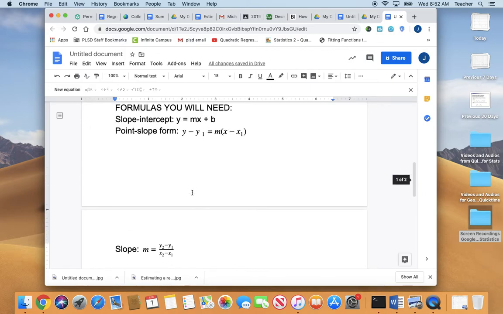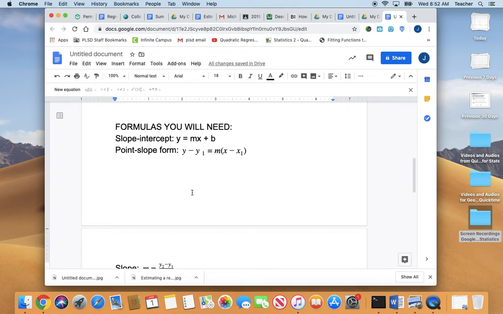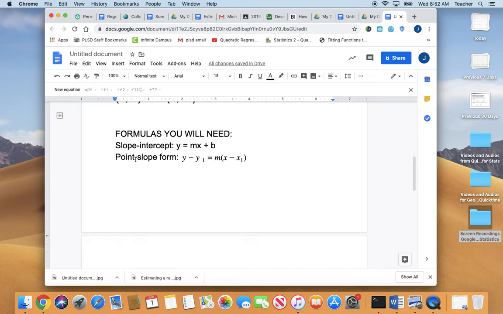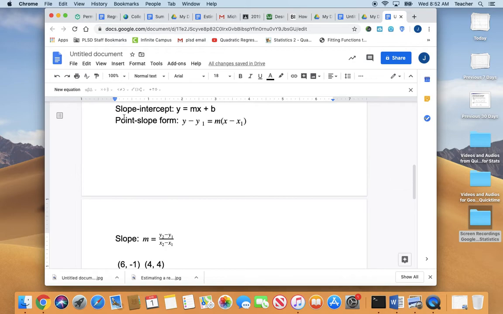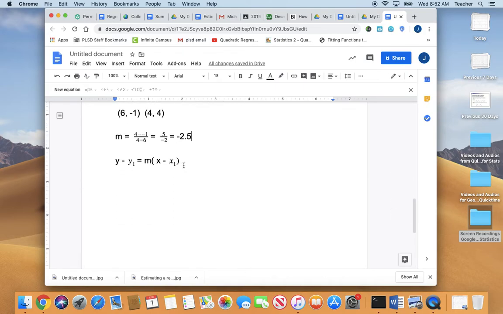So now if I want to estimate the equation of my line of best fit, I eyeballed my line, I picked 2 points off the line, and I found the slope using the slope formula. Now I'm going to use the point-slope form, and you need one of the points for it, because you're going to plug in x1, y1. So let me remind you, here is the point-slope form again of a line. Y minus y1 equals m times x minus x1.